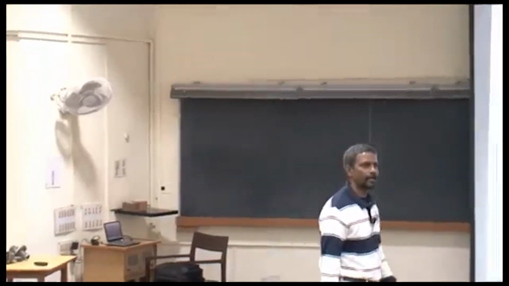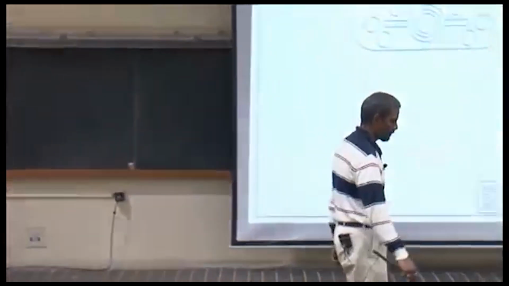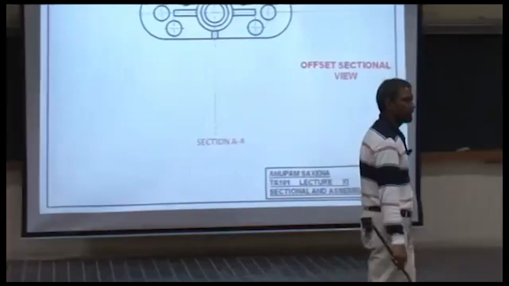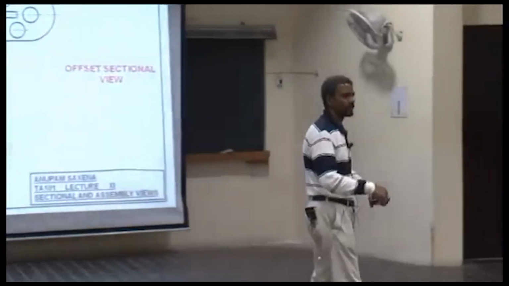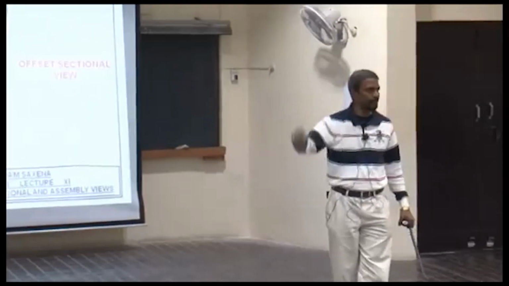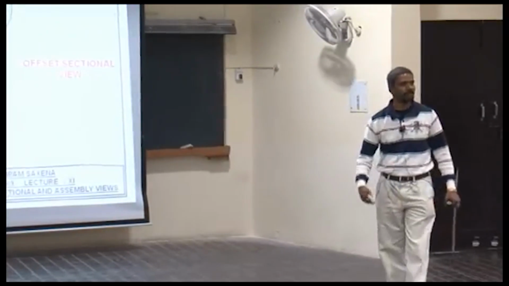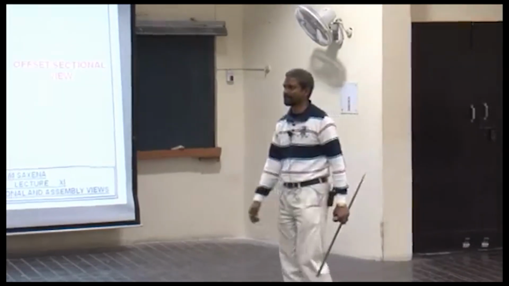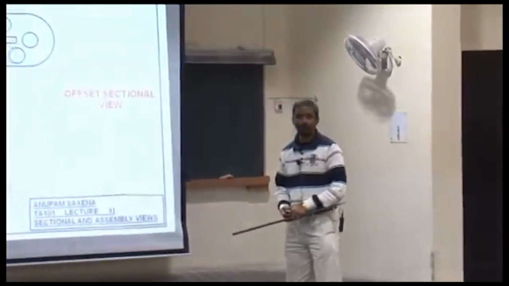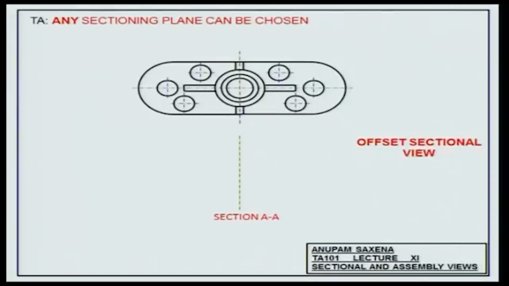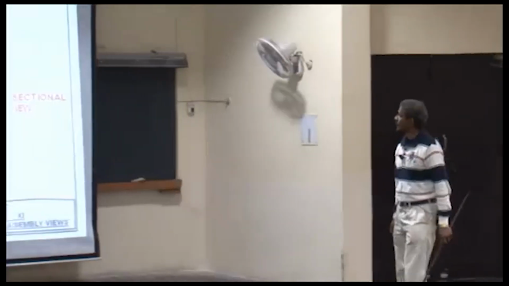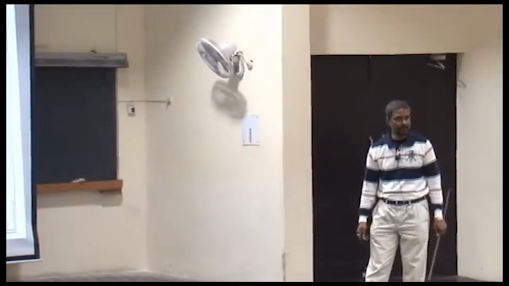You're the boss. You can choose the cutting plane in whichever way you want. It need not be straight. It can go zigzag, depending on the details of information that you want to depict. For example, I can choose the cutting plane to be like this.